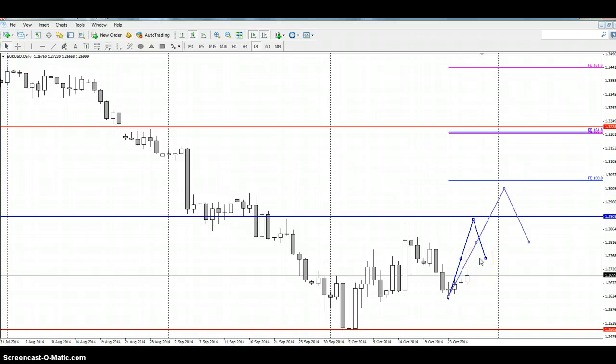Okay, right now we cannot say that the currency is going back up. We can only say that right now the move up has corrective characteristic. That's why it's basically counter trend.